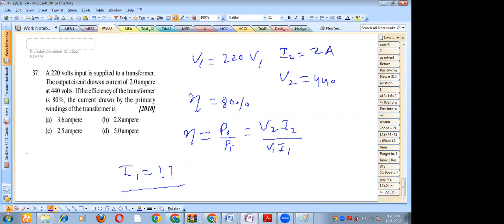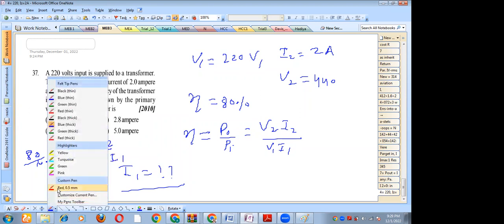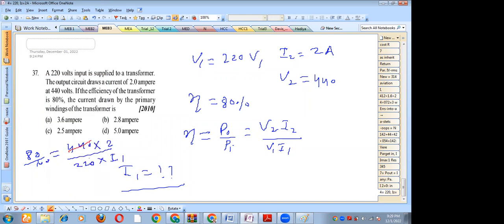So put the value of eta. Eta is 80 by 100, 80%. And V2 is 440 into I2 is 2. V1 is 220 into I1, which we have to calculate. So from here, this will cancel out. It is 2, and this cancels out.